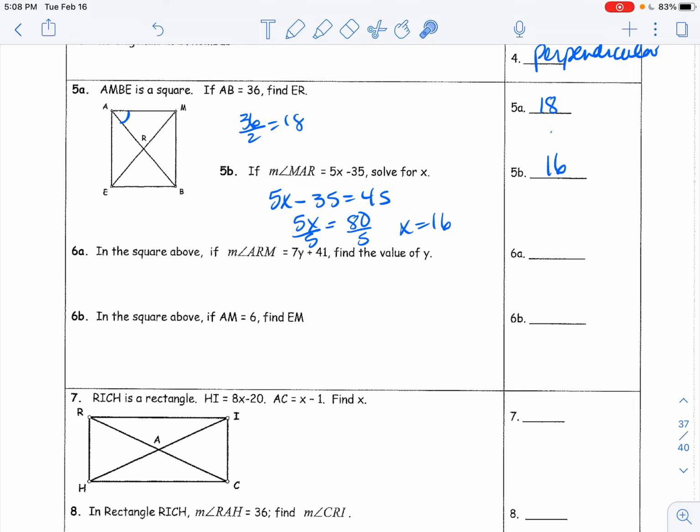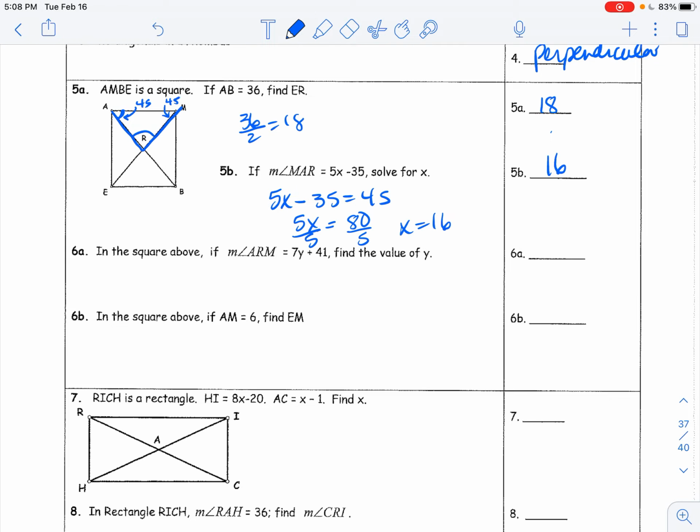In question number 6a, in the square above, if the measure of ARM, A to R to M, is 7y plus 41, find the value of y. Okay, well this angle here is going to be a 90 degree. We know that this one is 45.